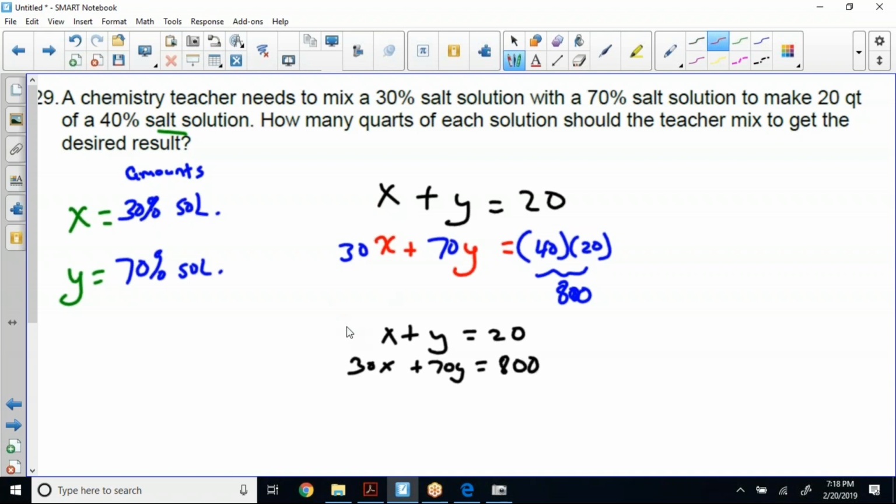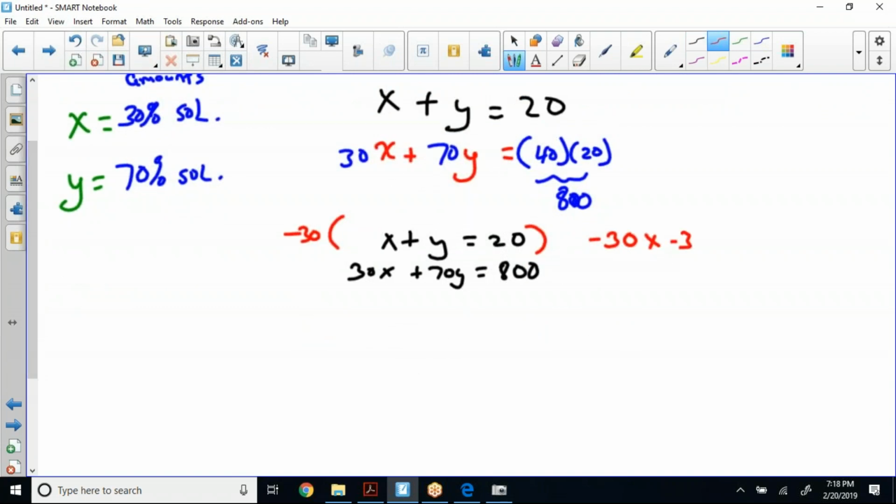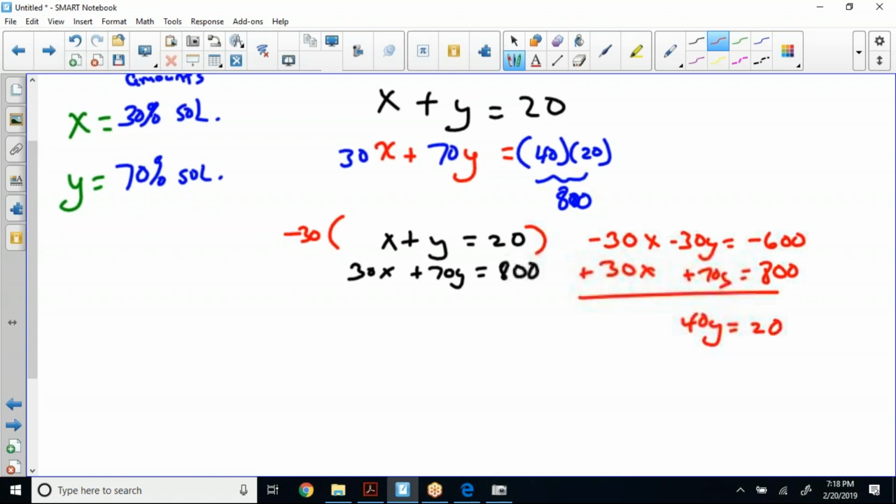I'm going to multiply the top one by negative 30. So it's going to give me negative 30X minus 30Y equals negative 600. And that's 30X plus 70Y equals 800. When I add those, that's 40Y equals 200.